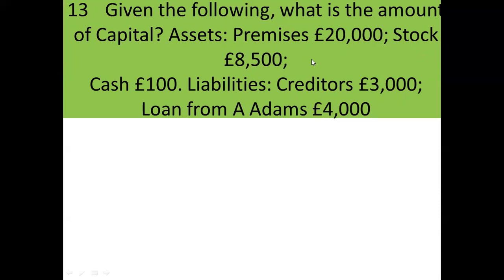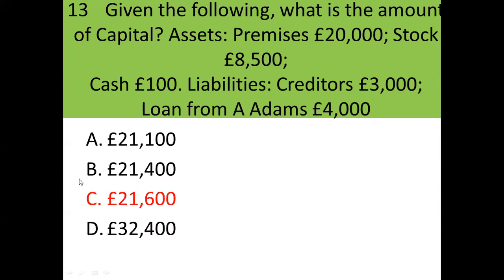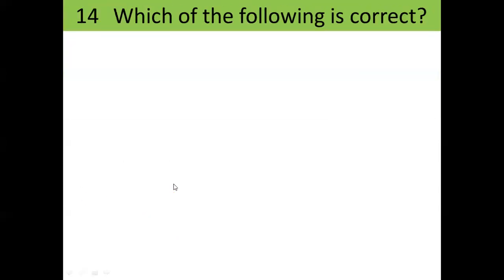Total assets is 28,600. We subtract liabilities, which are 7,000. 28,600 minus 7,000, we remain with 21,600. 21,600 is the right answer. Next question.